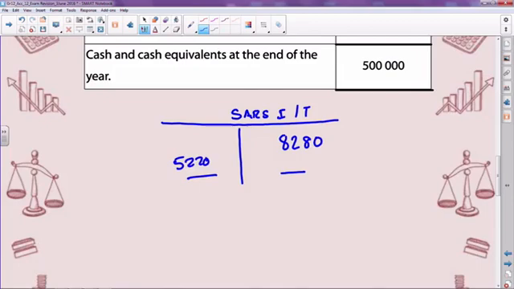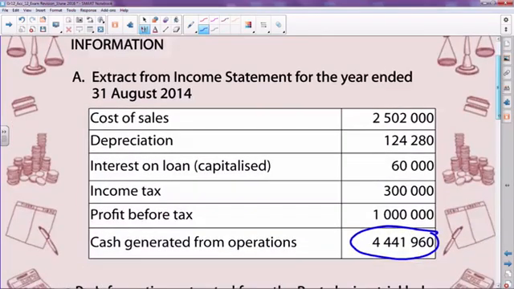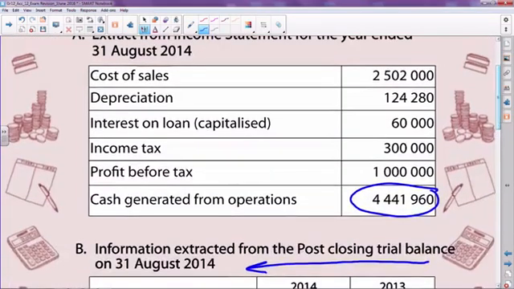So I've got my opening balance, I've got my closing balance. What's the next information that I require? I now need to know what was my income tax for the year. And immediately I go into my information, and my income tax for the year is 300,000. Let's slot that in.